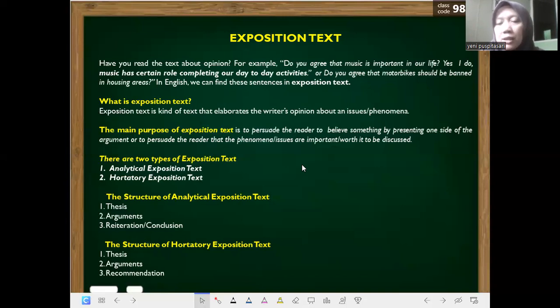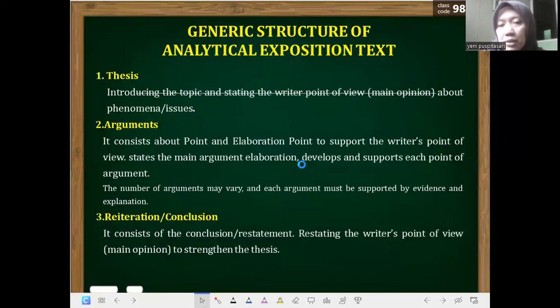They have different structure between analytical and hortatory exposition text. Analytical exposition text ends with reiteration or conclusion, but hortatory exposition text ends with recommendation.